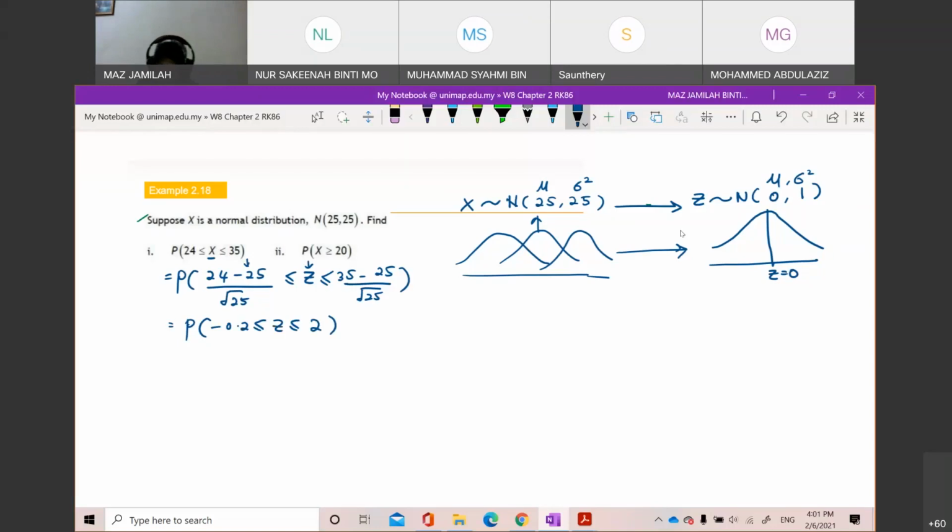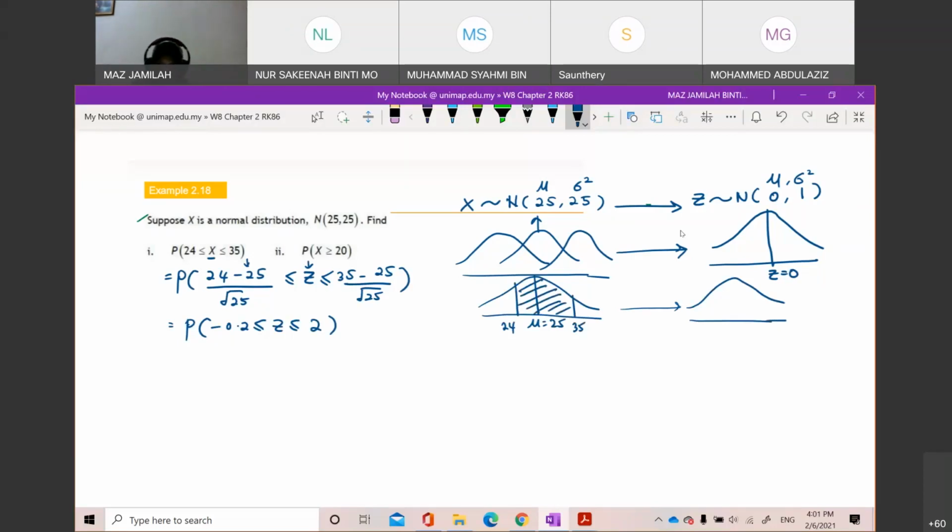Originally, if I were to write in terms of the distribution, the mean is 25, and you are talking about from 24 until 35. So you are looking for this particular probability value.